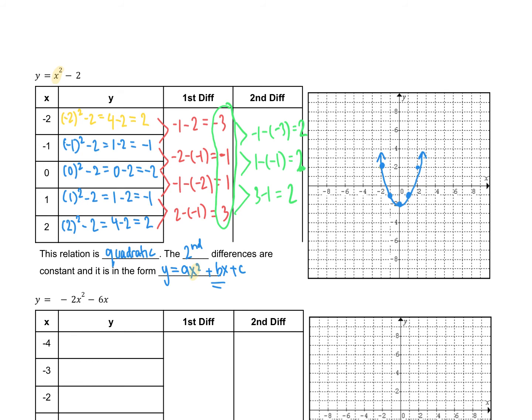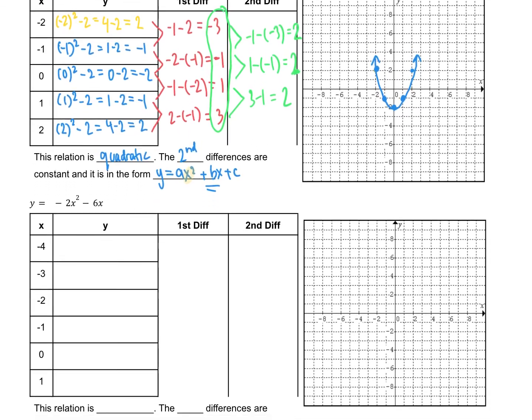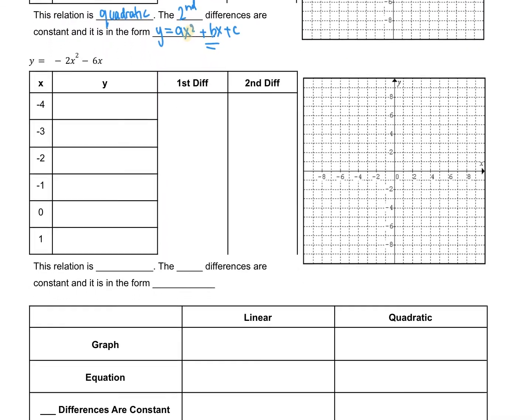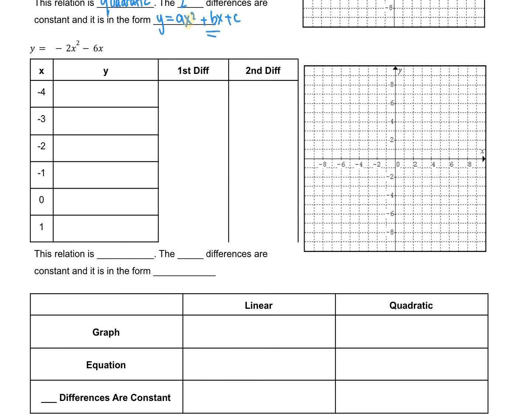So even if we look at our next one, y equals -2x squared minus 6x, I know it's going to be a parabola, and I know it's quadratic because of that x squared term. So let's try this table of values, and then we'll do a little summary of linear versus quadratic.